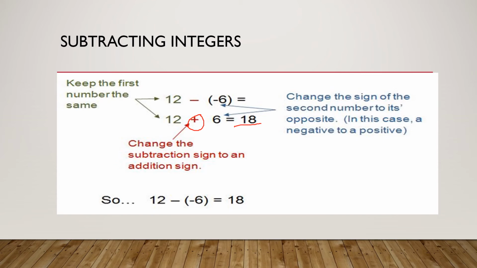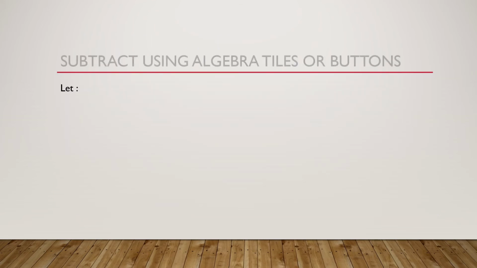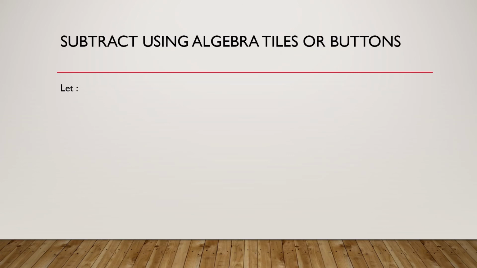Let's have other examples. We can also use algebra tiles. Let's have positive tiles and negative tiles. Here we have 8 minus 4.